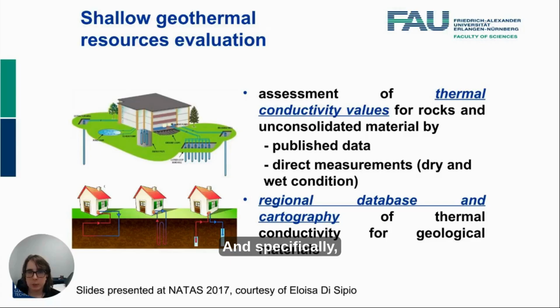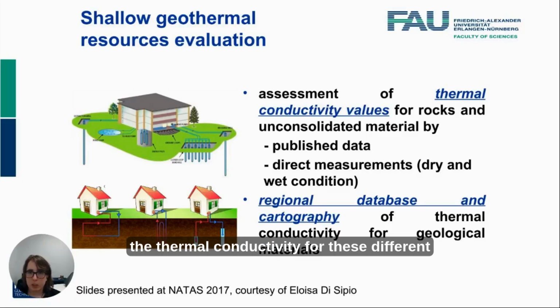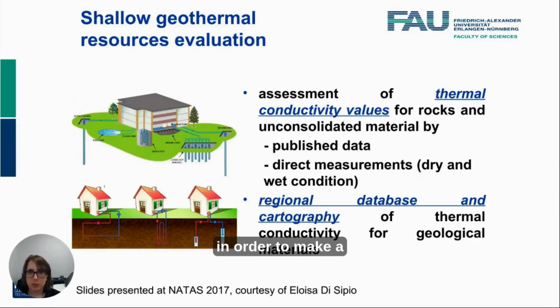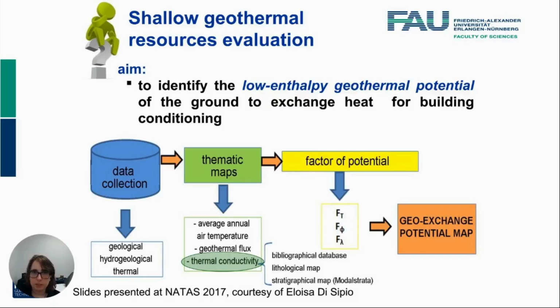The goal of this work was to generate a regional database and a mapping of the thermal conductivity for these different geological materials in the different basins, in order to make a map of geothermal potential for later exploitation in renewable heating and efficient heating.